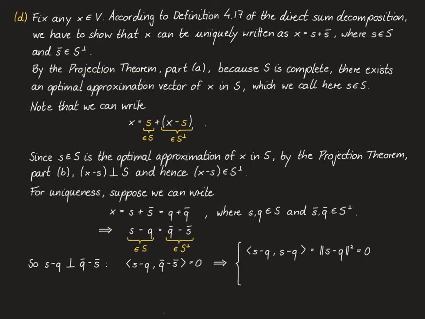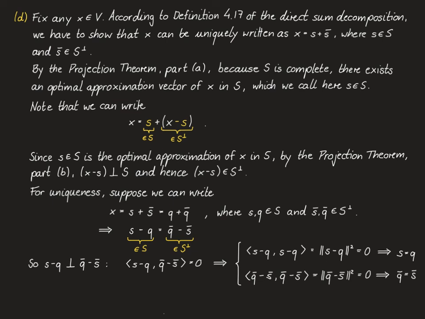This implies, on the one hand, that the inner product of s minus q with s minus q, which is equal to the squared norm of s minus q, is equal to 0. And that's because for q bar minus s bar, I can substitute s minus q. And on the other hand, it means that the inner product of q bar minus s bar with q bar minus s bar, which equals the squared norm of q bar minus s bar, is also 0, because I can substitute for s minus q, q bar minus s bar.